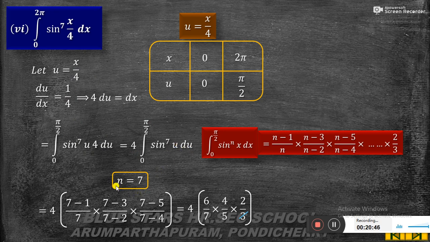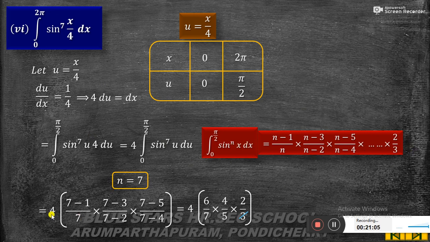The next step: now you see 7 is an odd number, so n equal to 7. Integral 0 to pi by 2 sine power n x dx equals, you write n minus 1 by n into n minus 3 by n minus 2 into n minus 5 by n minus 4, up to etc. This is for n an odd number, ending with 2 by 3.